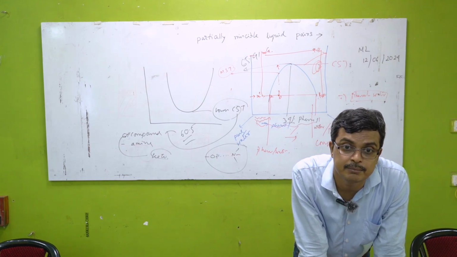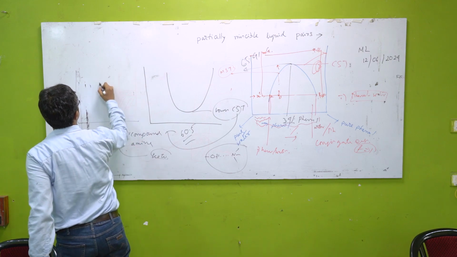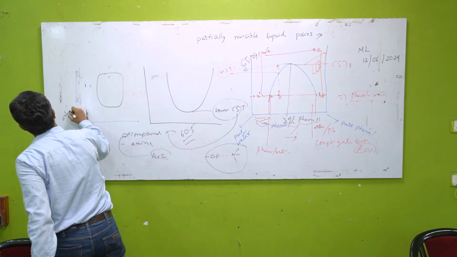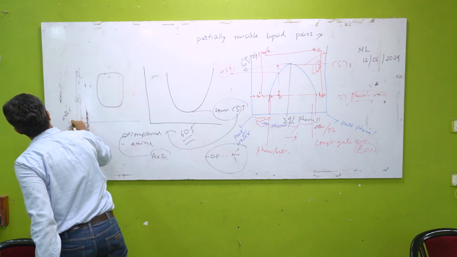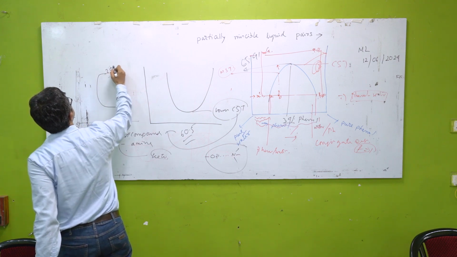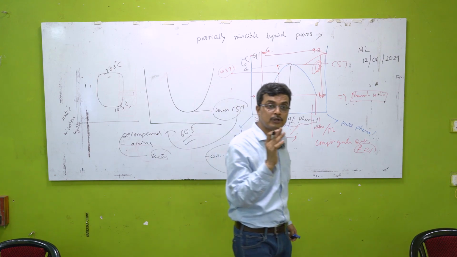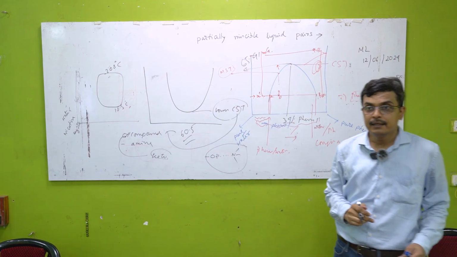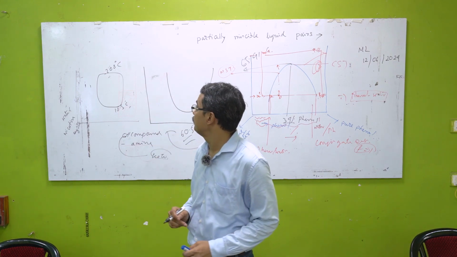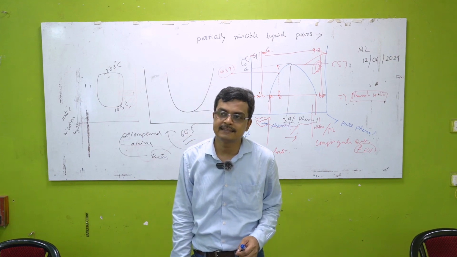And for those systems, you get a loop-like system. This is the water nicotine system, (208 degrees centigrade, 18.5 degrees centigrade), where you get both upper CST and lower CST. That is, you are getting a one phase system above 208 degrees centigrade and below 18.5 degrees centigrade.